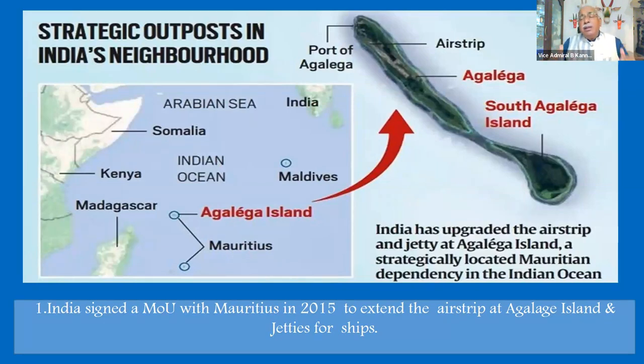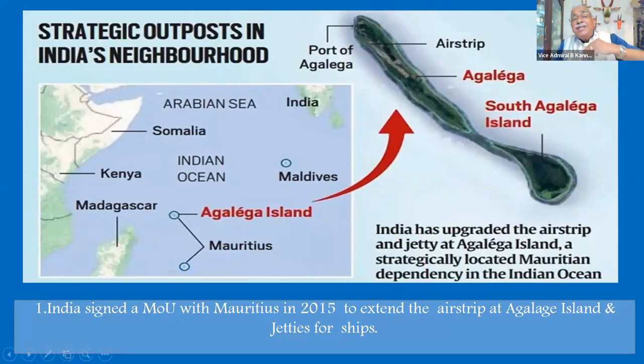They extended the airstrip. They also made a jetty for ships. And today, India, with permission from Mauritius, as per the agreement, uses that airstrip for naval aircraft to land, which monitor the activities of other warships in the Indian Ocean. India also sends naval vessels to Galathea Island for some time. The ships are there, they take a recce, and then they come back.